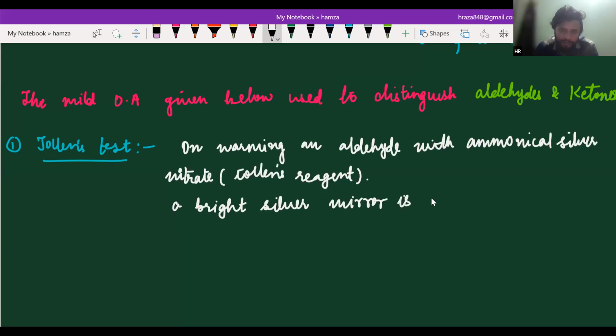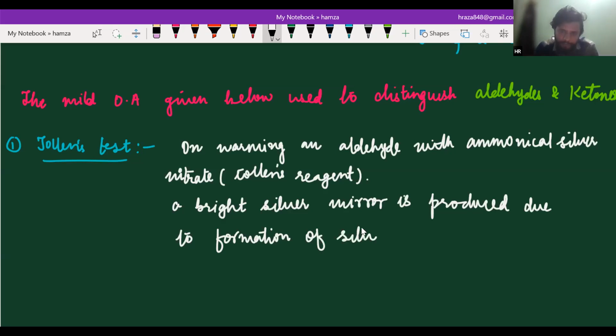A bright silver mirror is produced due to formation of silver metal. And the aldehyde is oxidized into a carboxylate anion.